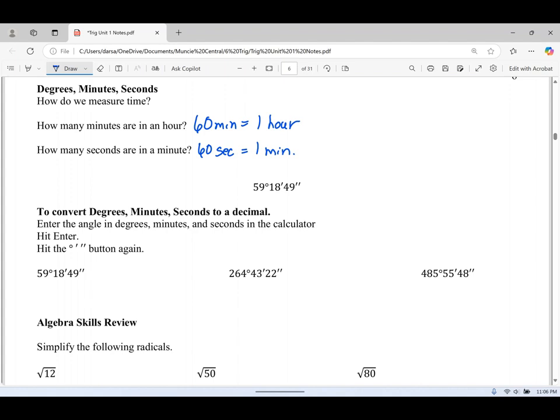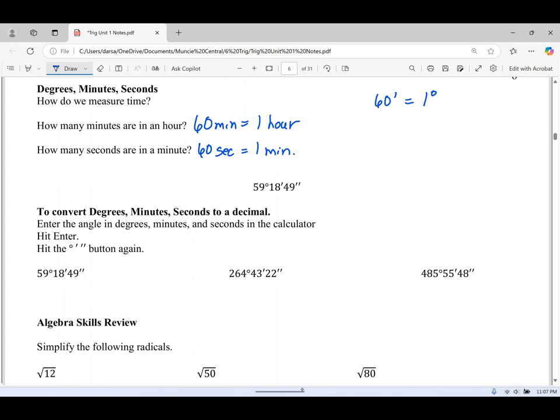They measured things in degrees, minutes, and seconds. So you have 1 degree, right? There are 60 minutes, and we use one apostrophe to mean a minute in 1 degree, which is a circle.